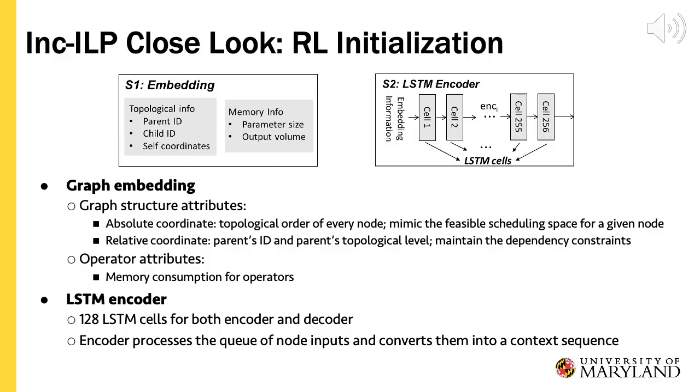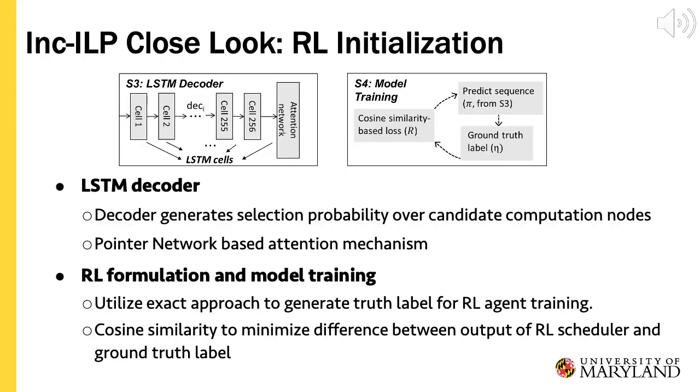The RL agent has an encoder-decoder based structure. Both the encoder and the decoder have 128 LSTM cells. The encoder processes a queue of node inputs and converts them into a context sequence. The LSTM decoder generates the selection probability over all candidate computation nodes.